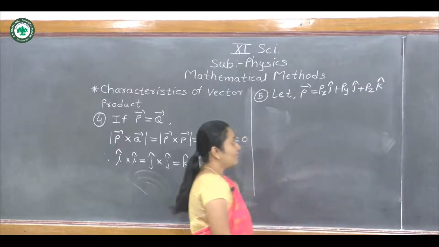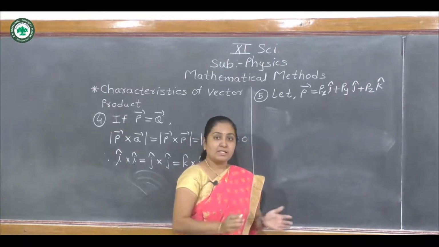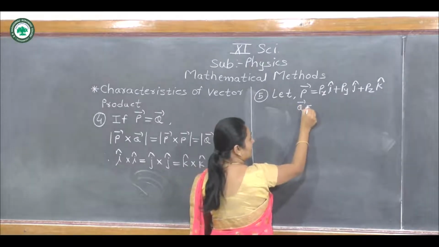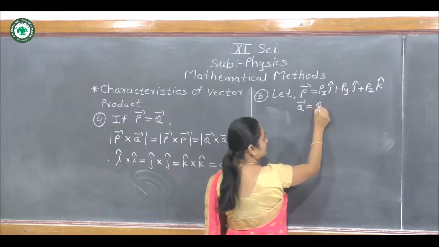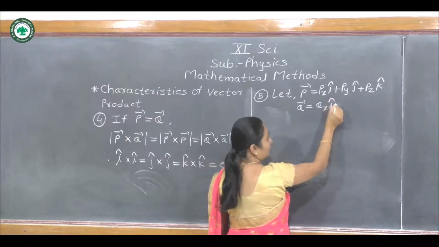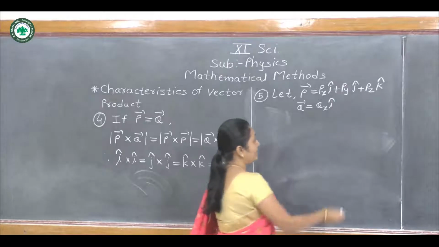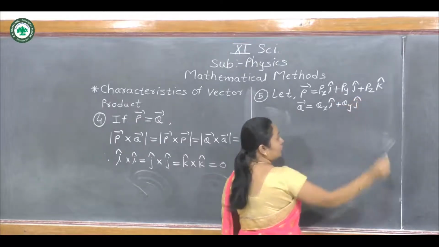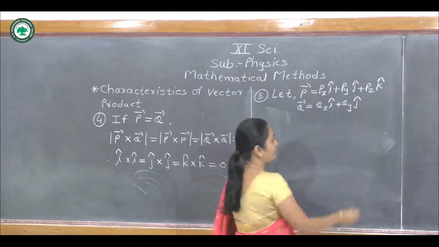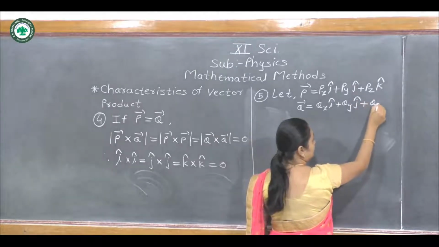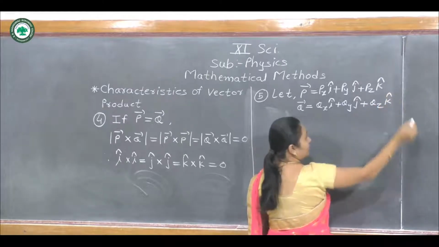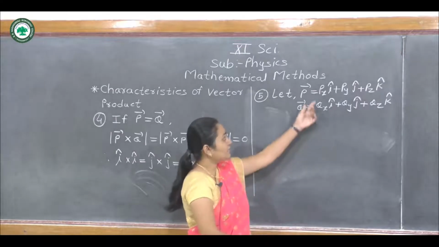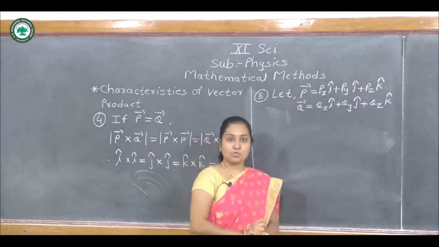Similarly, vector q bar is equal to qx i cap plus qy j cap plus qz k cap.